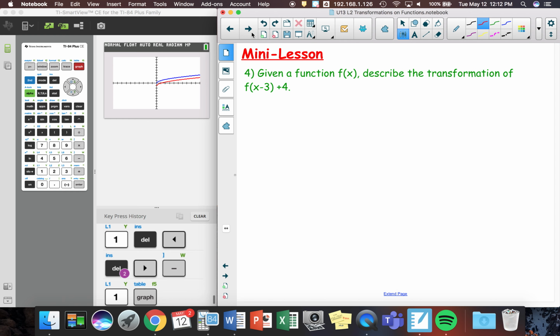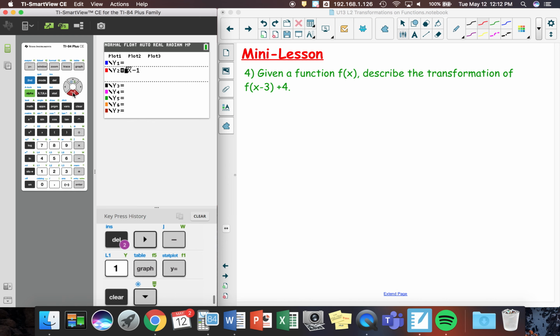Okay. Now I want to talk about this weird way of them giving us a function. It said, given a function f of x, describe the transformation of f(x - 3) + 4. Alright, so I go to my calculator and I try to type in f of x. Where's the f? Huh. Oh, there's an f right here. See that? But I need a lowercase f. This one looks a little bit different.